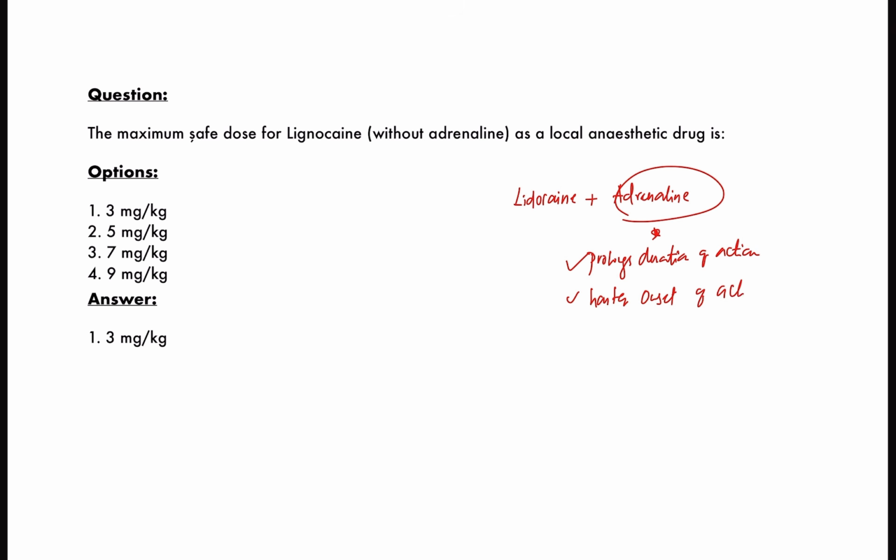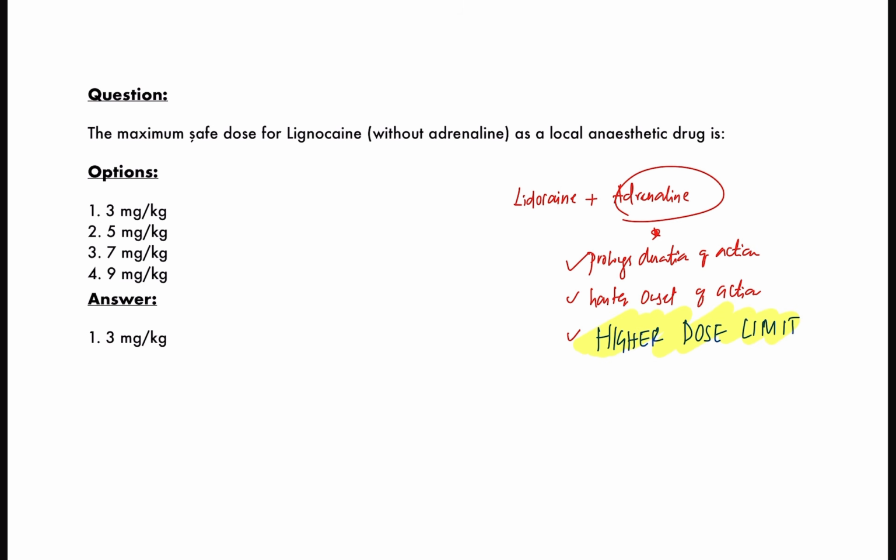That means you will see a quicker action because of using a local anesthetic. And also, very importantly, it permits a higher dose limit. Keep a note of this point, because when I'm adding adrenaline to any local anesthetic agent, it is allowing me to use a higher dose limit.